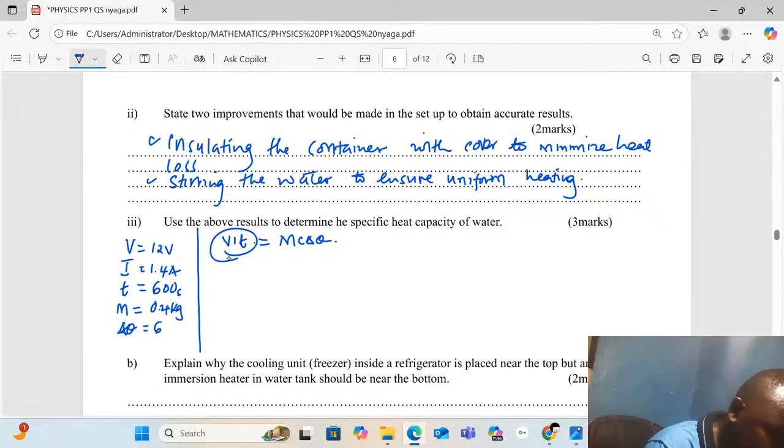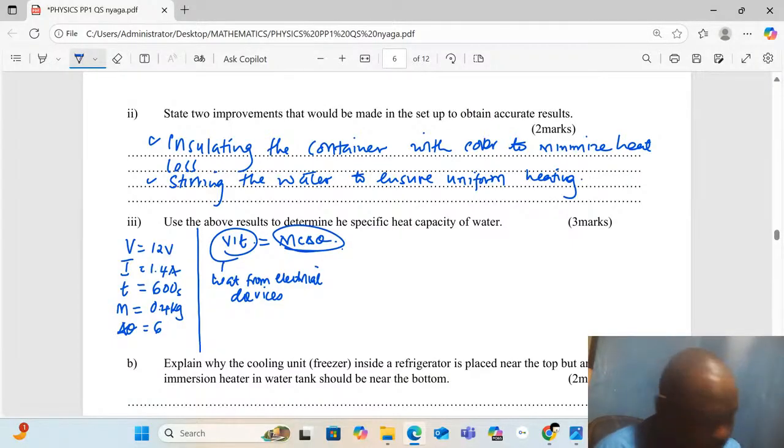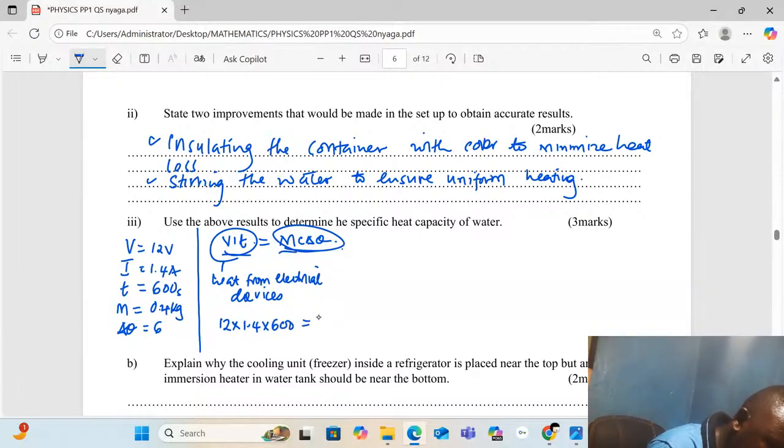So we substitute: 12 volts times a current of 1.4 times time of 600 is the same as a mass of water, 0.4 kg, multiplied by the specific heat capacity C, times temperature change of 6.